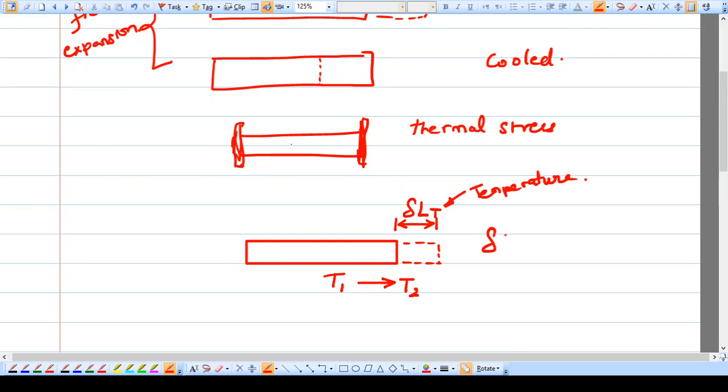This change in length is proportional to the temperature change. What is this temperature change? T2 minus T1.